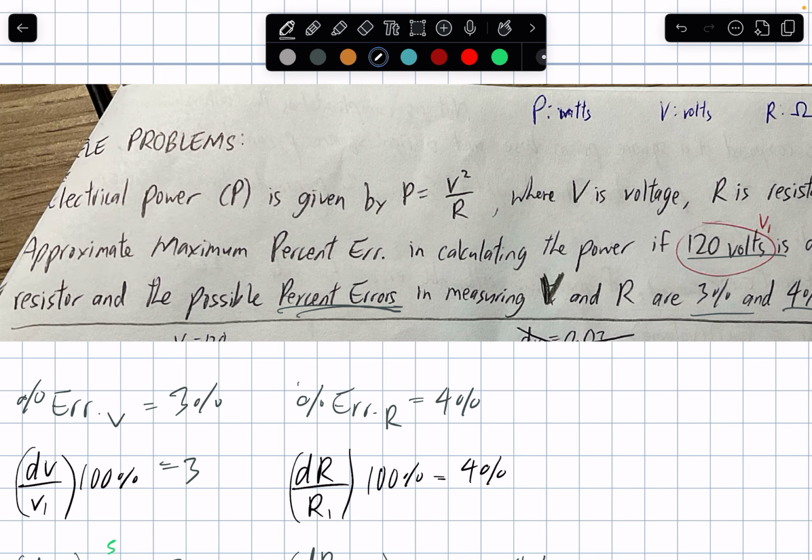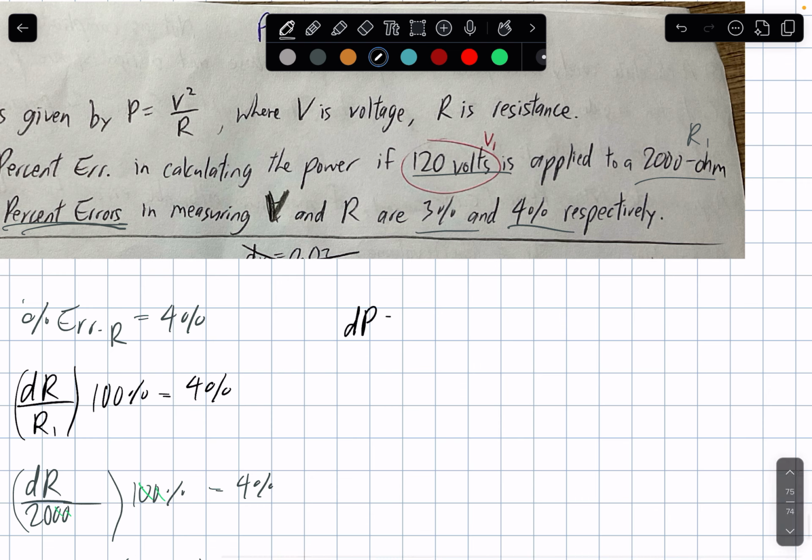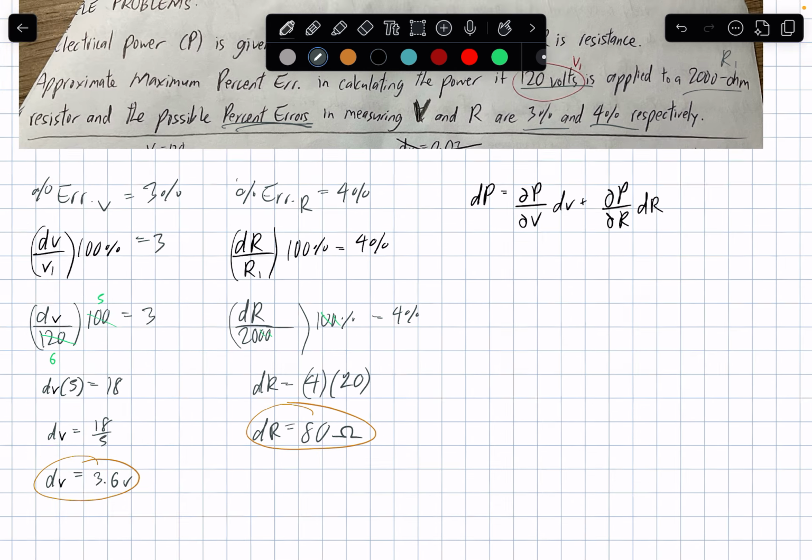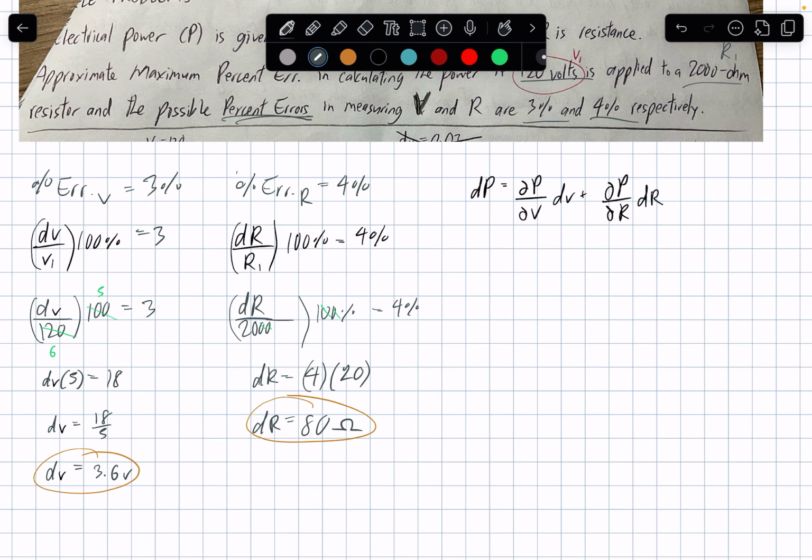So dP is equal to partial P over partial V times dV plus partial P over partial R times dR. Do we know the value of dV? Yes, we do. That's what we solved for. These two are these two respectively.